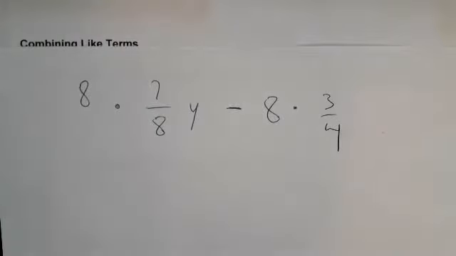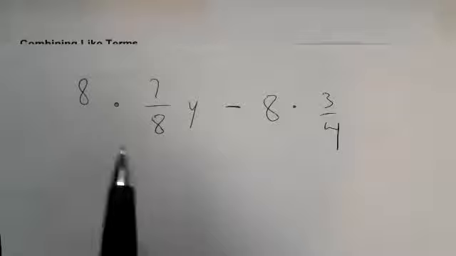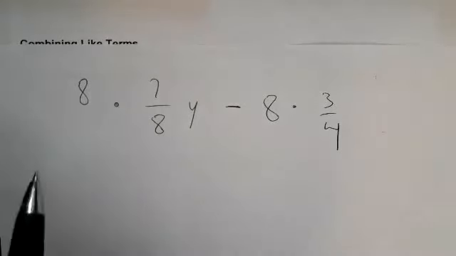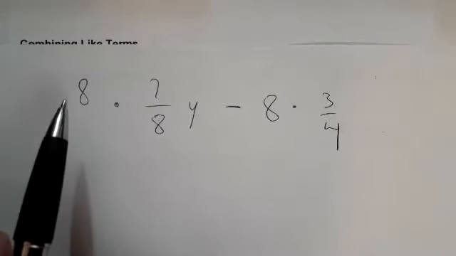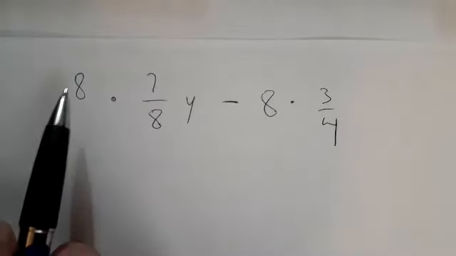And now we're multiplying fractions, and going back to the first chapter notes, we do numerator times numerator. We do denominator times denominator. I just see an 8. I don't see a separate numerator and denominator here. So what can I do to a whole number?